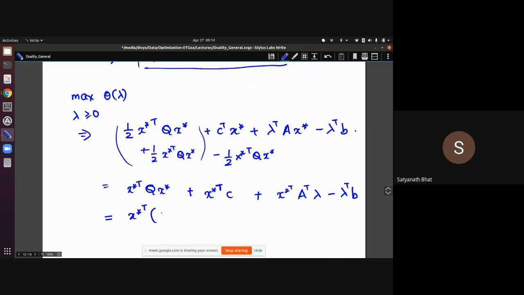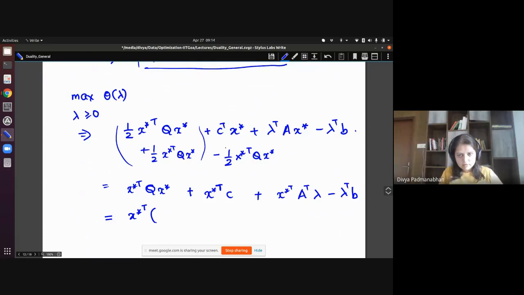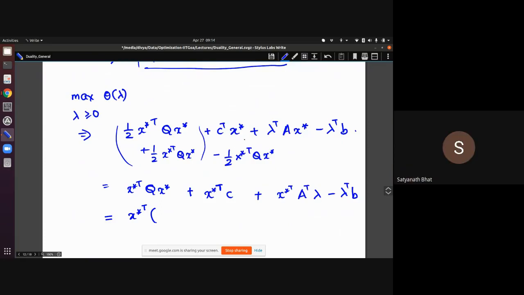I have a question here. When you do this with x star, you're taking the transpose, as you did for c transpose x star. Is that always permissible?